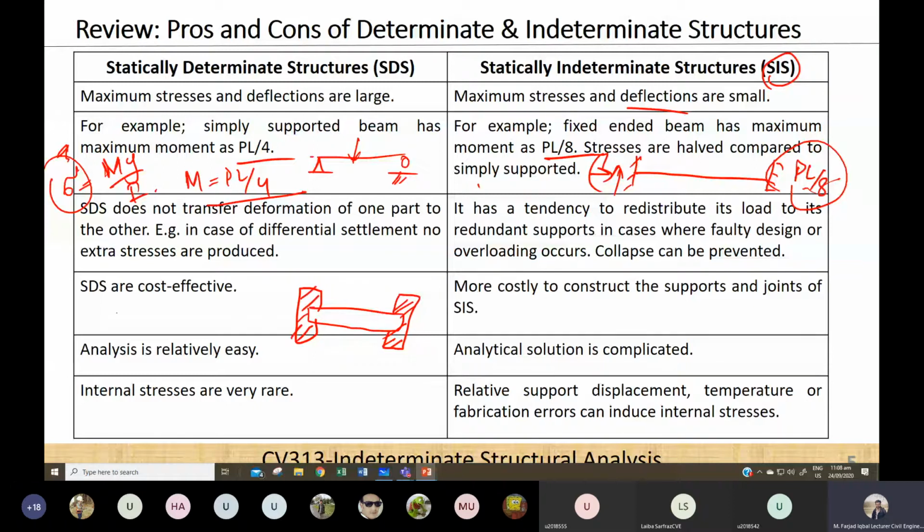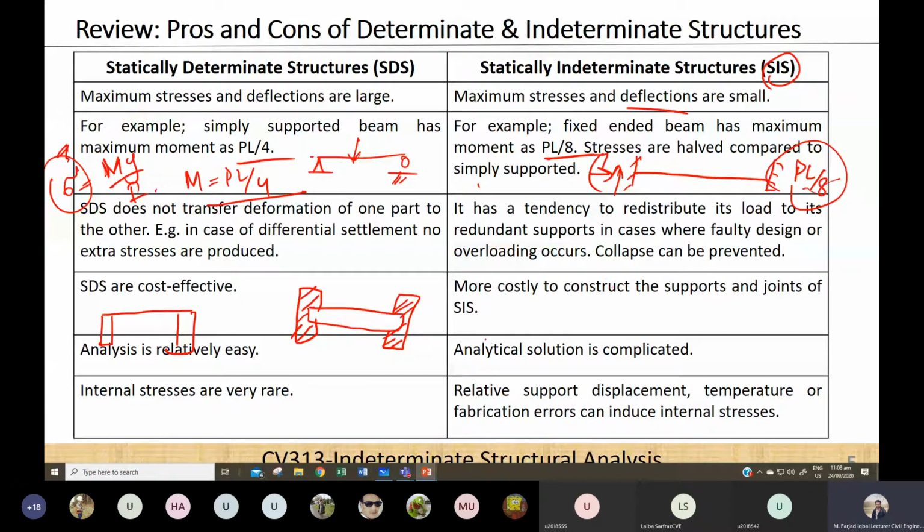If we want to provide a simply supported beam, then the column is provided at the bottom only. So in this one more concrete is provided, and the cost for the indeterminate structure obviously exceeds. So we have to be very careful while selecting the indeterminate structure.